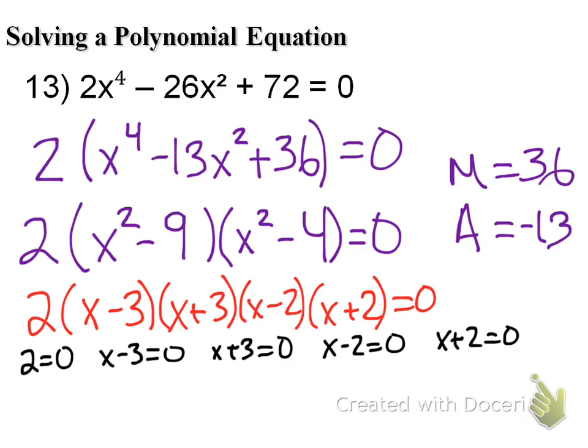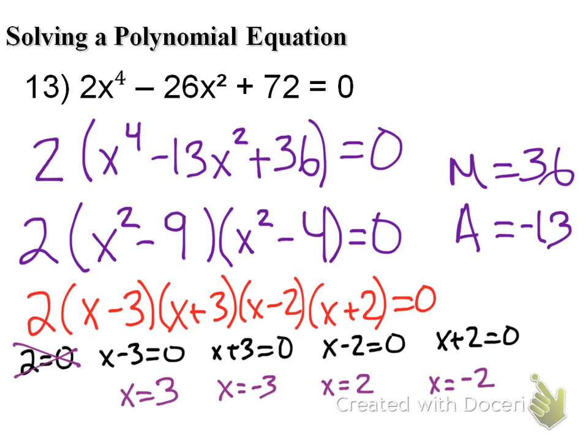These are very easy to solve, unlike the last one. 2 equals 0 does not have a solution. There's no variable, so just forget about it. We get positive 3, we get negative 3, we get positive 2, we get negative 2.